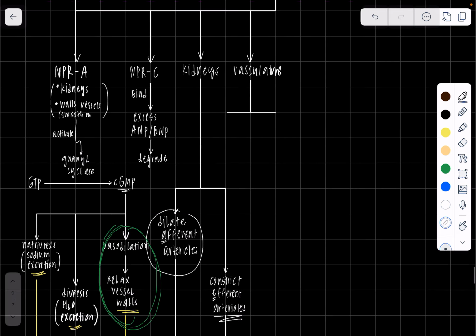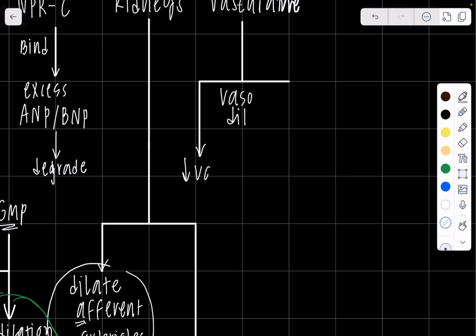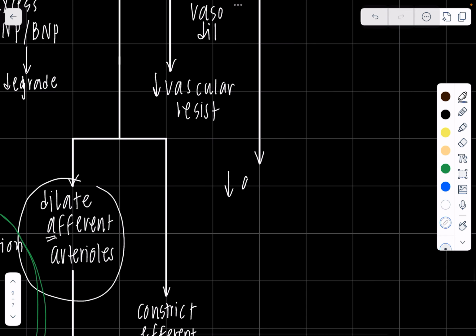And with vasodilation, we are going to have decreased vascular resistance, and decreased afterload. So why is that?